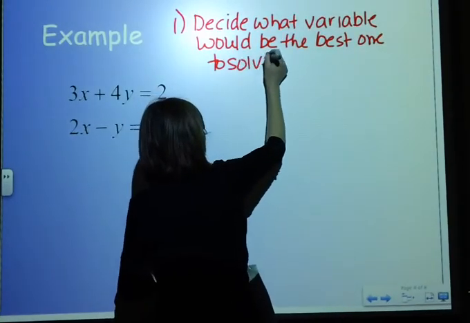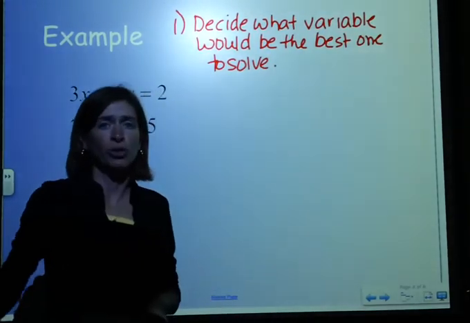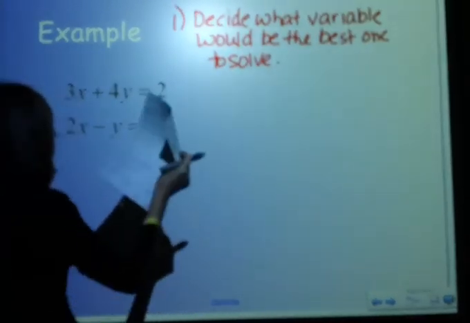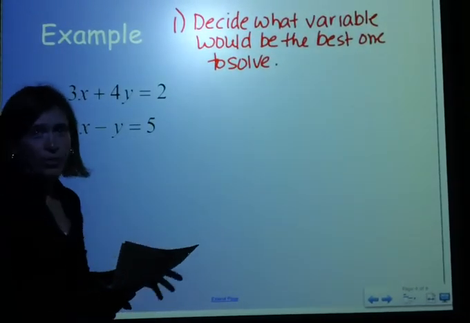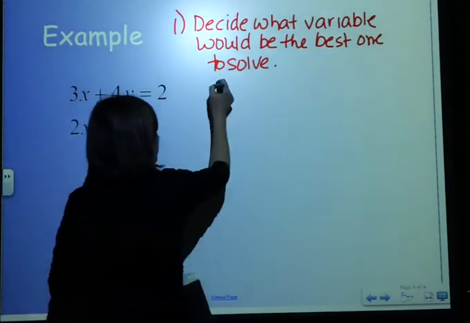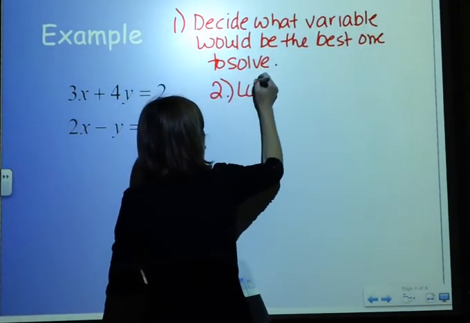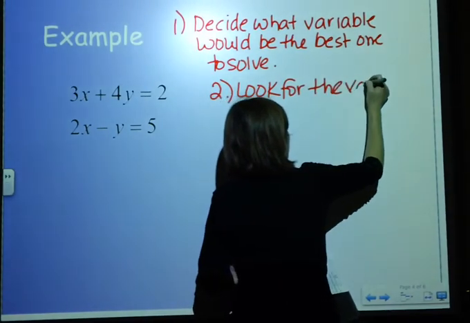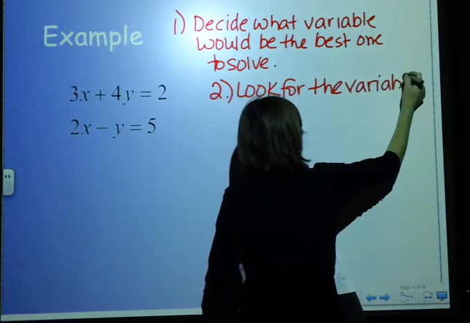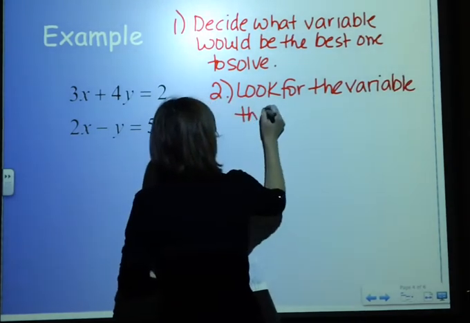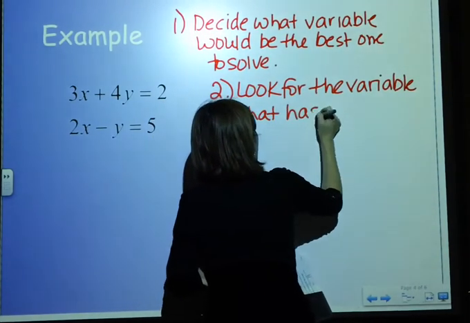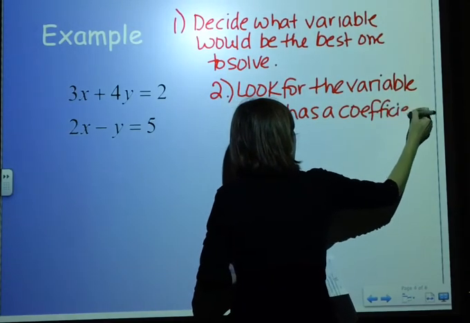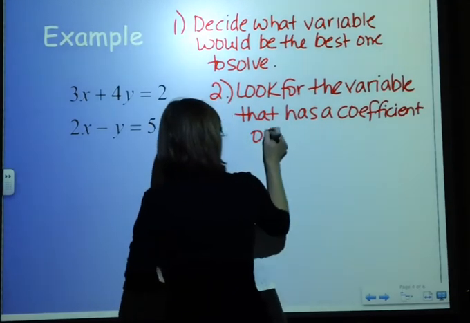Every time you look at a system, if you're going to use substitution, because there are other ways, I want you to look at it and say, okay, what would be the best variable here to solve for? Well, how do you determine that? I want you to always look for the variable that has a coefficient of 1.